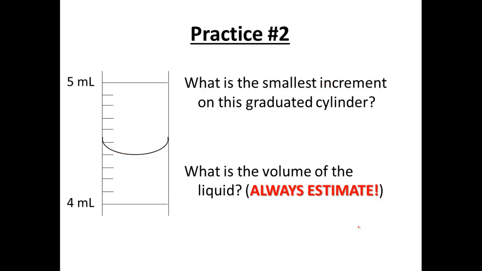Our final example for this part: what is the smallest increment of measurement on this scale? If we look at the side, in your notes it started with 4 and goes up to 5 milliliters. Each measurement here is 4.1, 4.2 milliliters, all the way on up to the top, 5 milliliters. If we measure straight across, 4.1, 4.2, 4.3, 4.4, maybe just over 4.4.